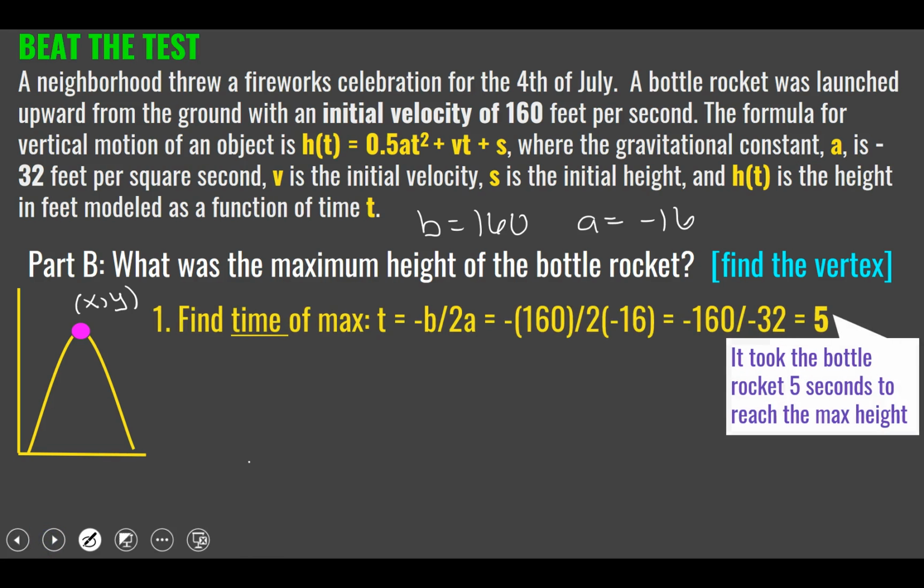So we have to do opposite 160 divided by 2 times negative 16, which gives us negative 160 over negative 32, which gives me 5.